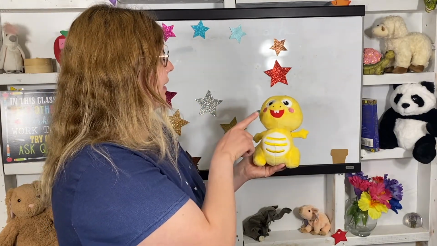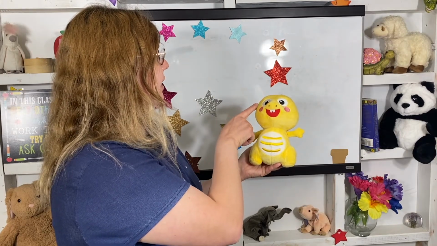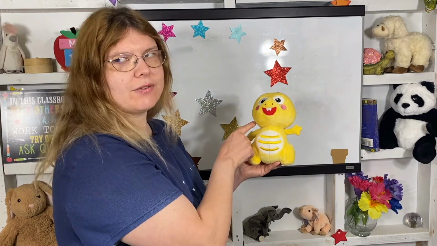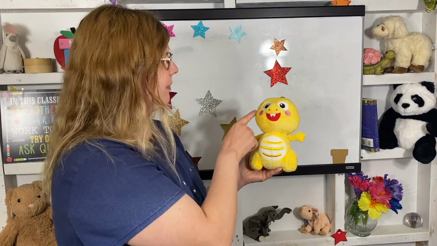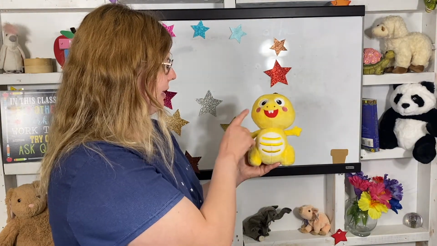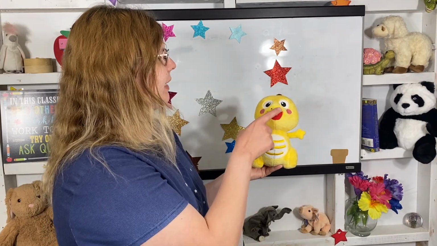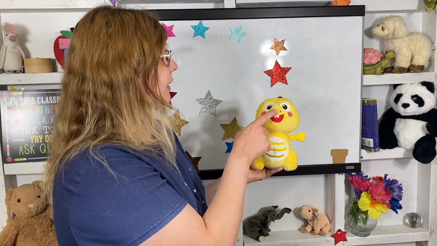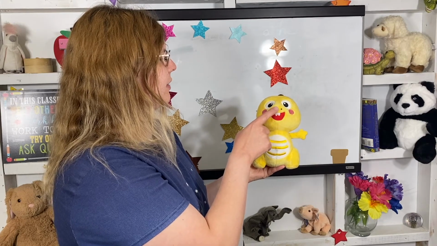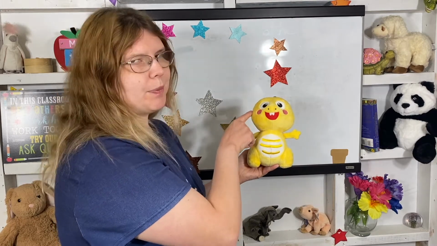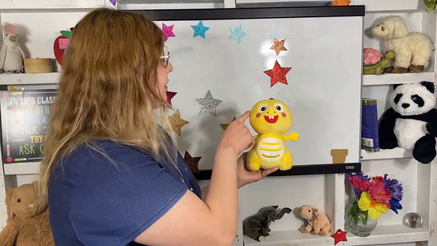And then there is darker yellow here on the side of his head, as the light falls away from it. So that's how I can tell that he is three-dimensional, because the yellow goes from being very bright and light up here on his nose to being still bright but darker here on the side of his head.